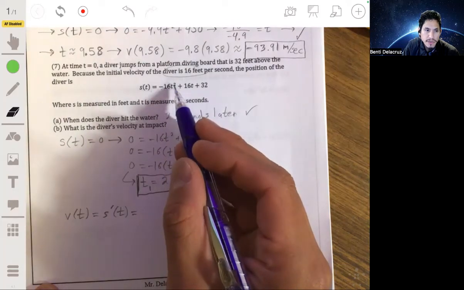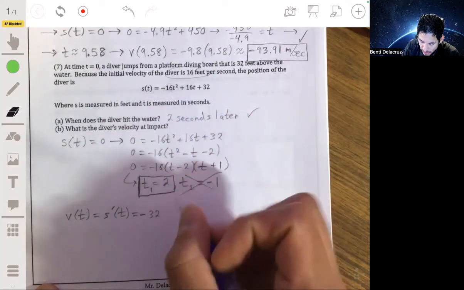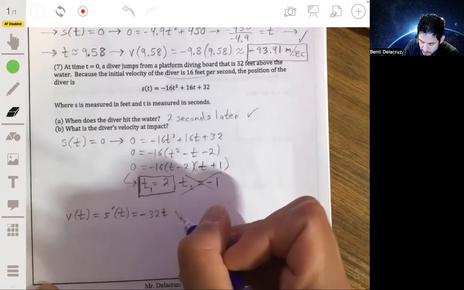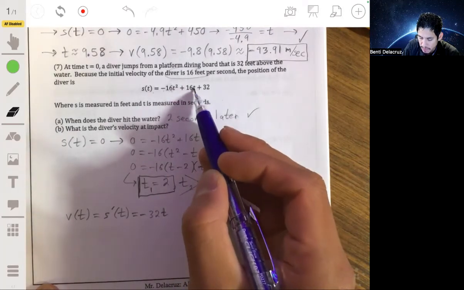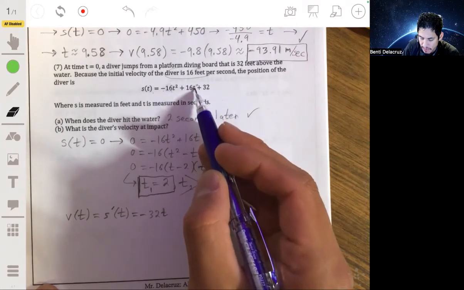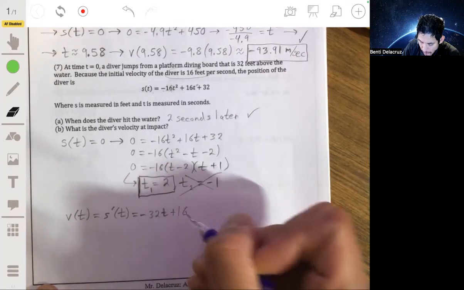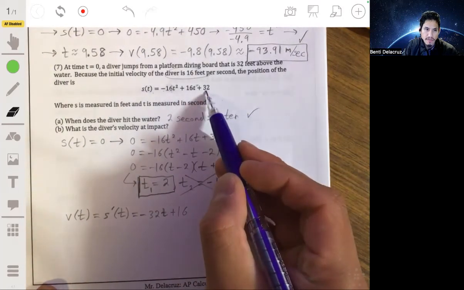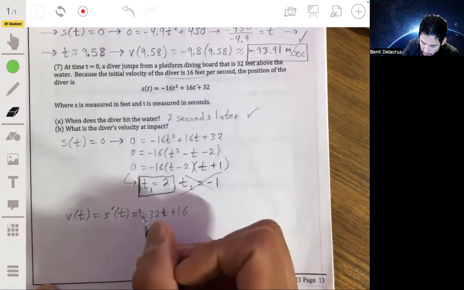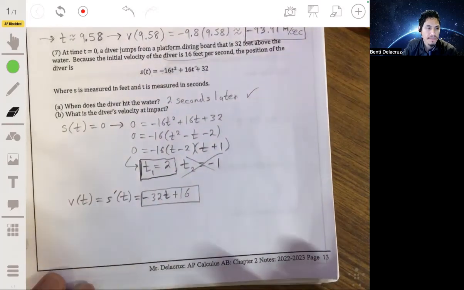Using the power rule, we did 2 times -16, so -32 times t, and we drop and take away 1 from that power, so times t to the 1, or just times t. Now, since this is 16t, remember this is just like a t to the 1, so the derivative of t is just 1, so this just becomes plus 16. And the derivative of a constant, the derivative of 32, is just 0. So this is your equation for the velocity function.